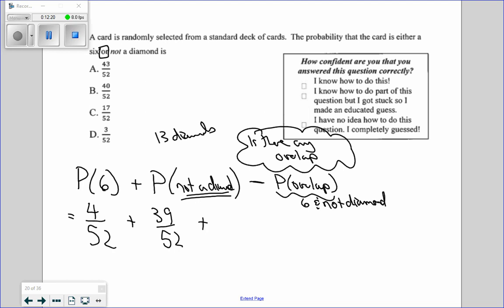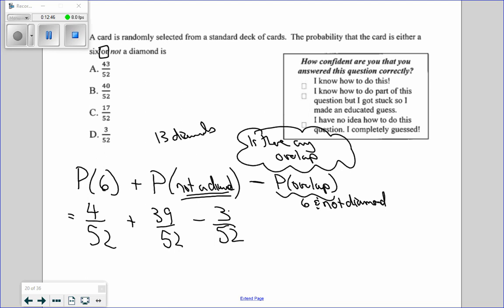How many of those are a 6 and not a diamond? 3 of them. Oh, this should say minus. It's the overlap that's going to get you. That's the hard part, is remembering A, to find it, and B, how to find it.